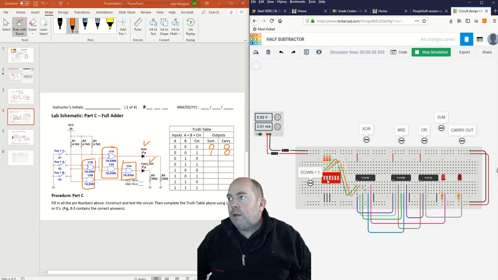B only is a sum and no carry. B and carry is no sum and carry. This thing does take a second for the lights to actually calm down.